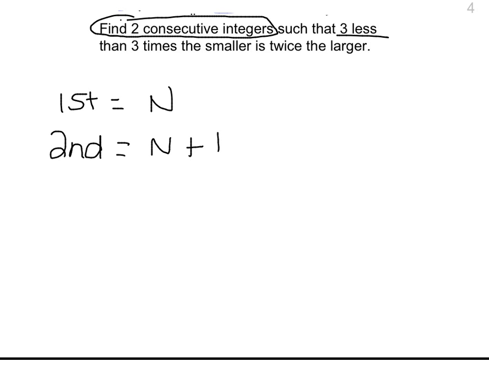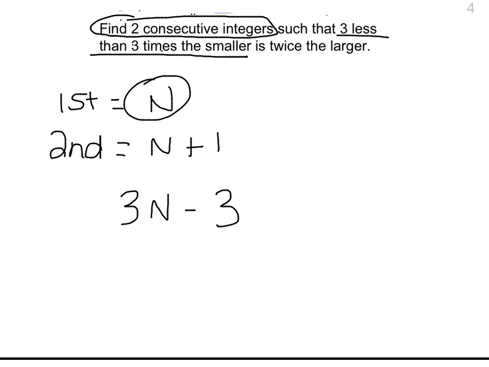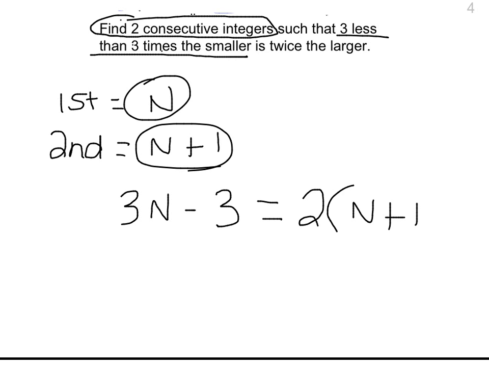3 less than 3 times the smaller. So 3 less than, remember, means minus 3, and I'm going to multiply 3 times the smaller one. Well, the first one is the smaller, so I'm going to say 3n, and then the minus 3. And then is twice the larger. Well, my second one is larger, so I'm going to say 2 times this. And that means I need to put the n plus 1 in parentheses. And then I need to distribute here on the right side.